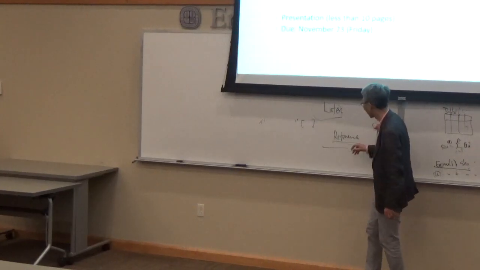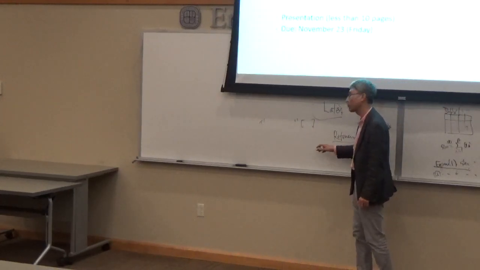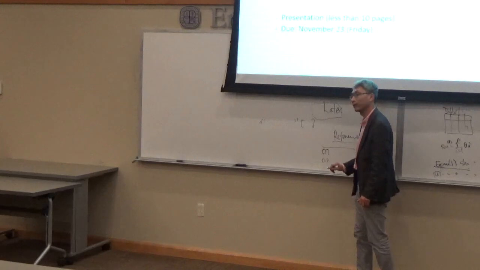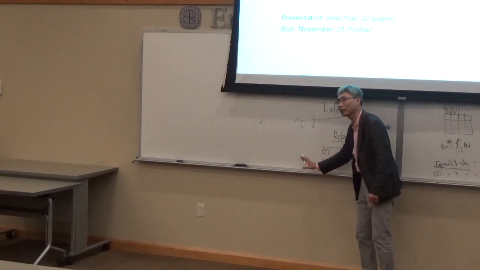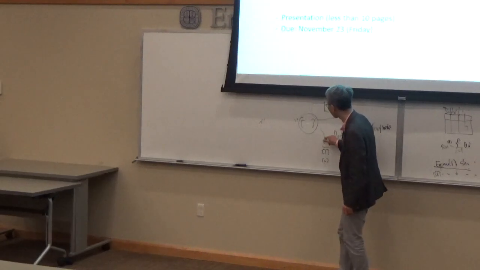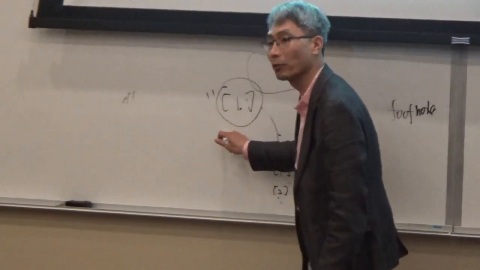Then the reference should follow the format. There are different types of format. Anyway, as long as you have consistency, it's fine. Depending on the format, it has numbering, like 1, 2, 3. Or sometimes it doesn't have a number. When you cite this one, you need to use the number if there is a number. Otherwise, it should be the last name of the author.